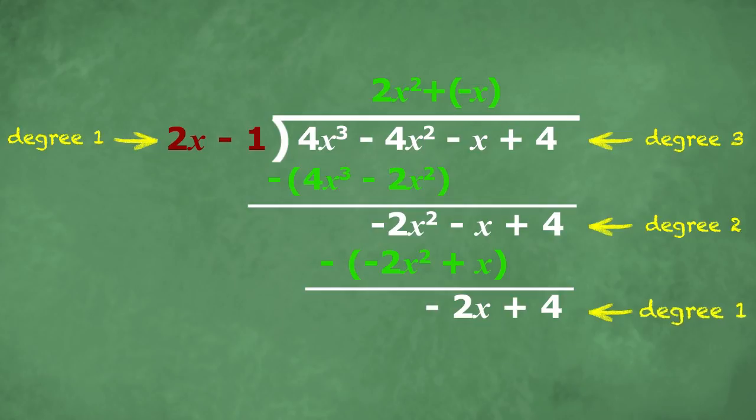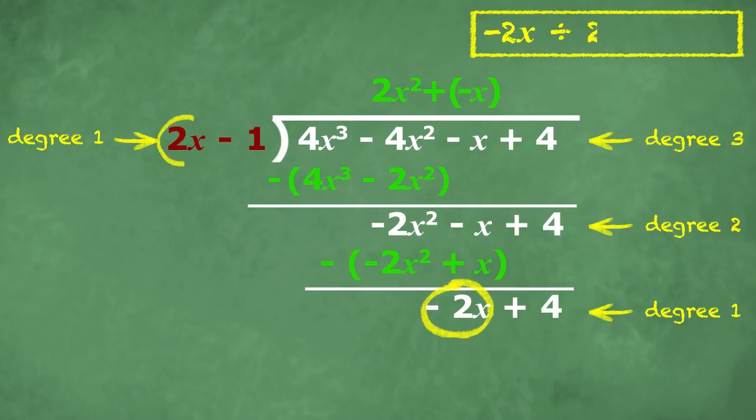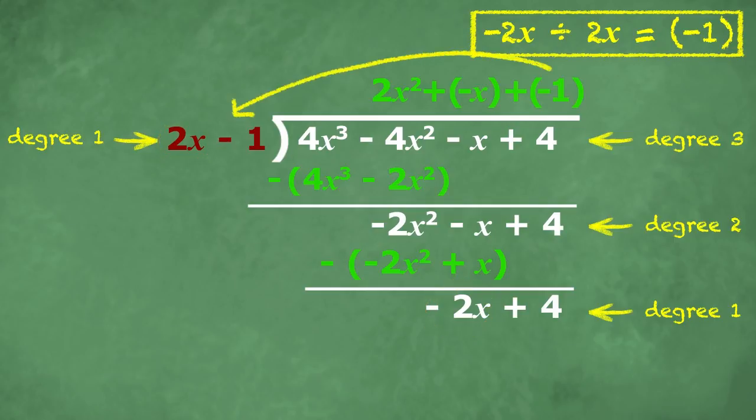A degree 1 polynomial can still be divided by the degree 1 divisor 2x minus 1. When negative 2x is divided by 2x, the answer is negative 1. We multiply negative 1 with the divisor to get negative 2x plus 1 and subtract it from the previous dividend to get the remainder 3.